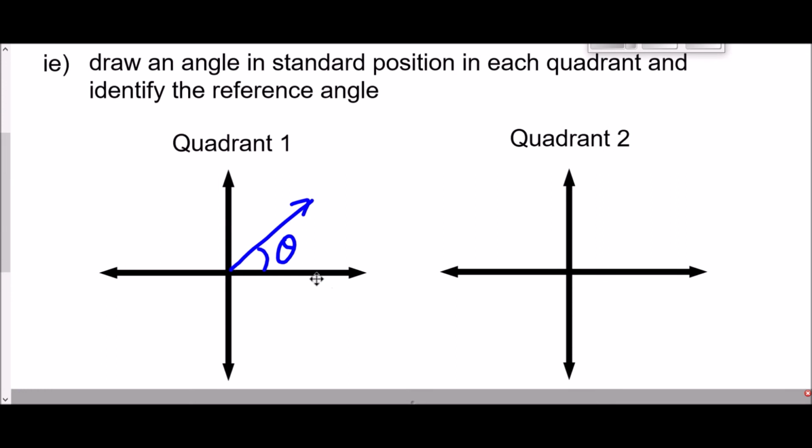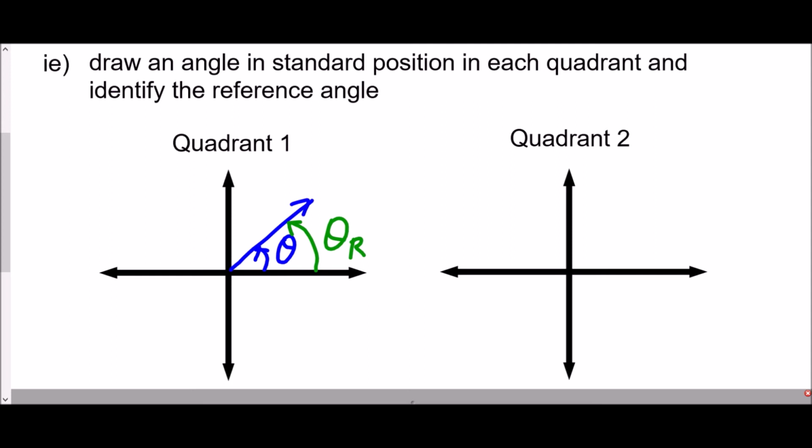If you look at this, you have an x-axis here, but this x-axis would be closest to the terminal arm. So you start from here and then measure whatever you have. Of course, we need to put an arrow here to indicate that. So in this case, this is my reference angle, theta r.